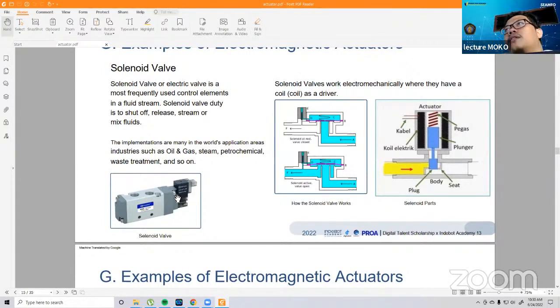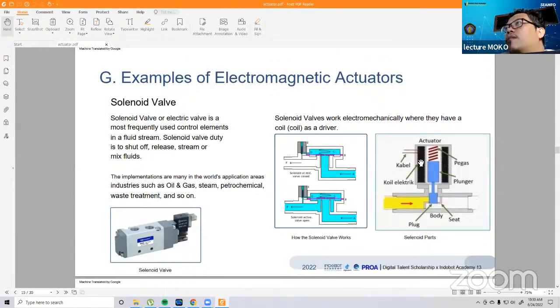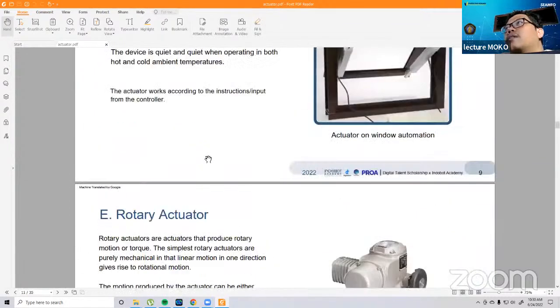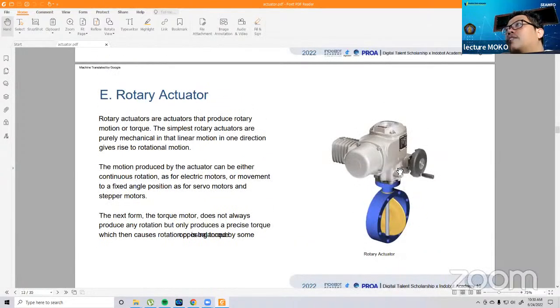For example, to open the electric control valve, this actuator uses air pressure, not electricity. To make this part move, we use high air pressure. So it is one of the solenoid valve implementations.